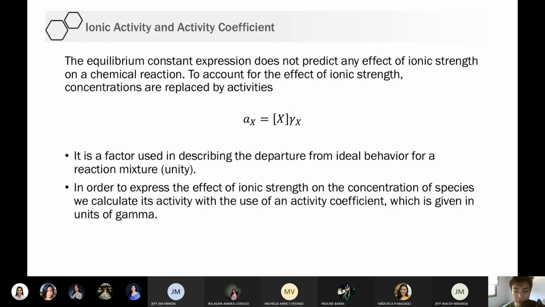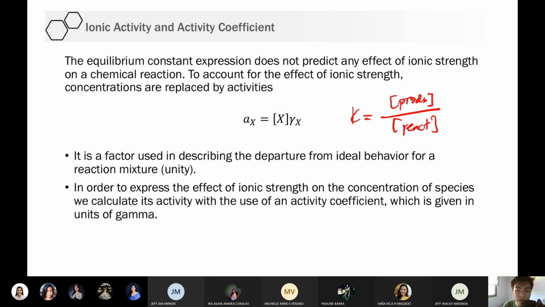So going back to our equilibrium systems, if you still remember, our equilibrium equations are written in terms of concentrations. So we have the concentration of the products divided by the concentration of the reactants. However, according to our topic today, even though the concentration of diverse ions is not written here, they can still shift the equilibrium constant.